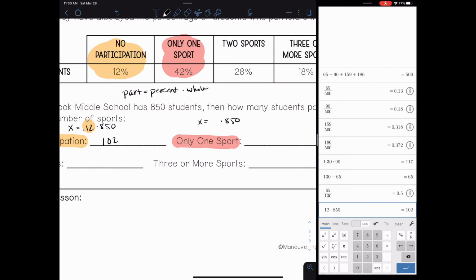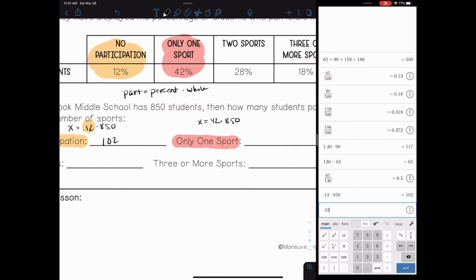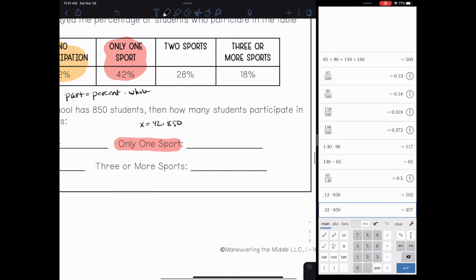How much was the percentage? Well, in this case, it's 42%. So it's going to be 0.42. So we have 0.42 times 850. So it looks like students that only played one sport is 357.